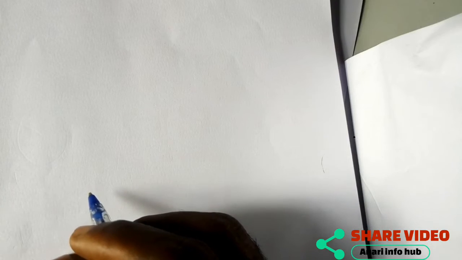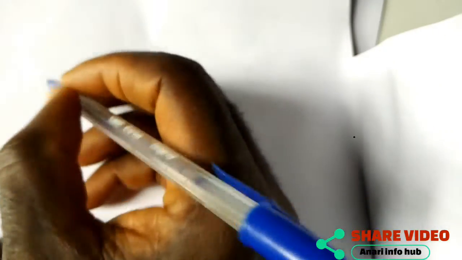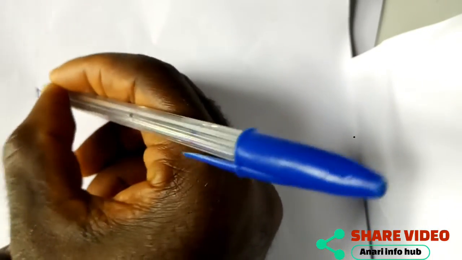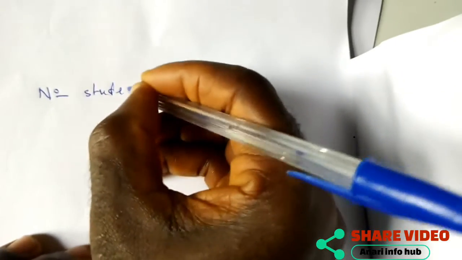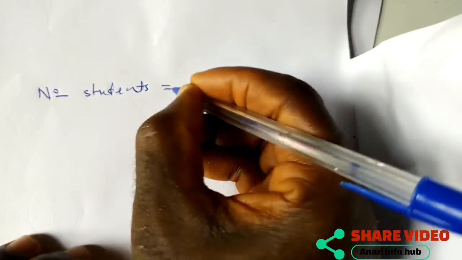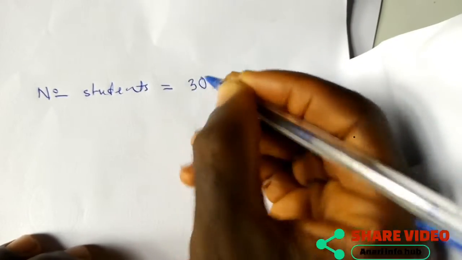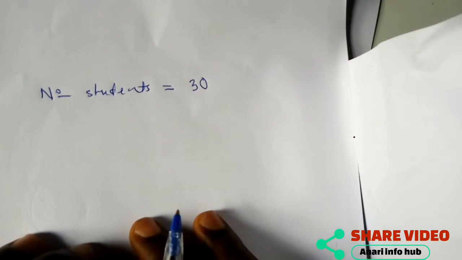The next question says in a class of 30 students, so the total number of students equals 30, 16 are boys.